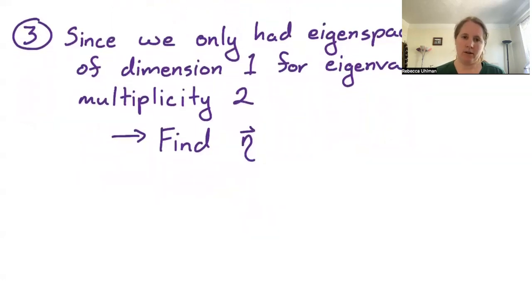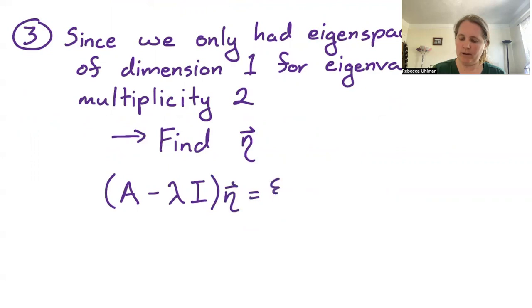So we have A minus lambda I, so minus -2. Let's do A minus lambda I first. A minus lambda I times eta should be equal to our psi 2.